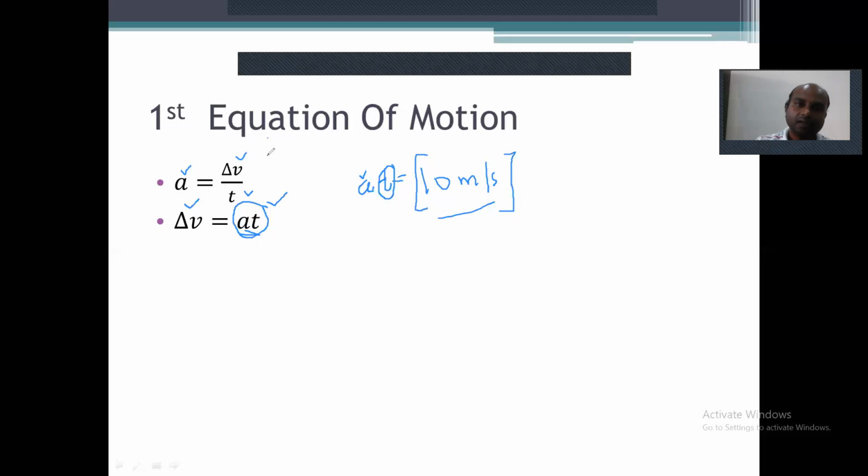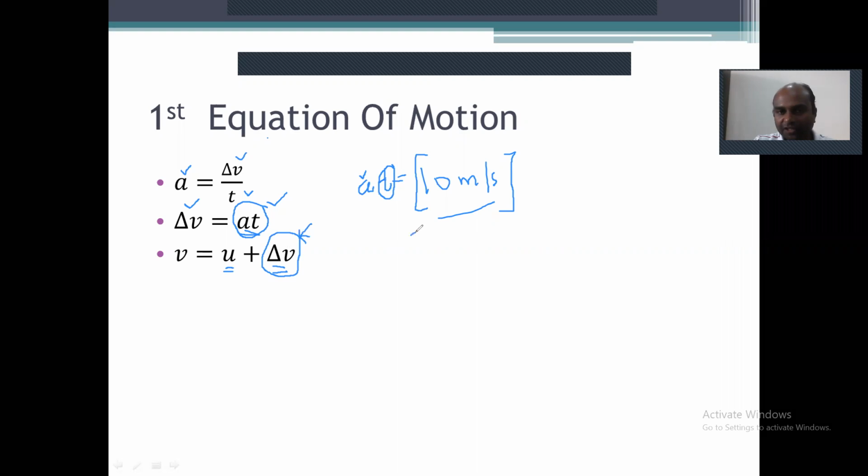Now, it is very obvious that when we are studying motion, you start with a velocity v, and your velocity changes after a time t by a magnitude of delta v. This is the change in velocity happening. So this is the increase in velocity.